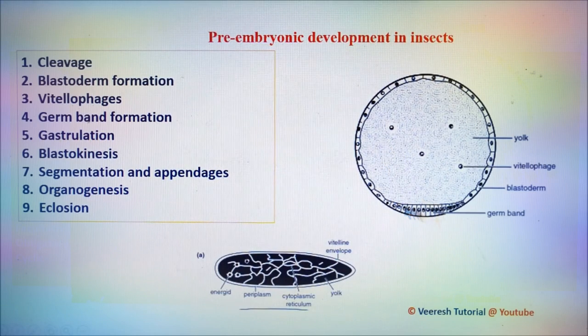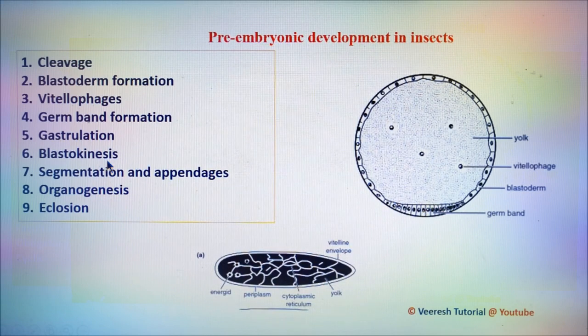And later, in the ventral region of the egg, if you look here, the cells undergo cell division to form the germ band. So this germ band later develops into the embryo. And the next one is gastrulation, the process by which mesoderm and endoderm are invaginated within the ectoderm, which leads to the formation of the complete germ layers.